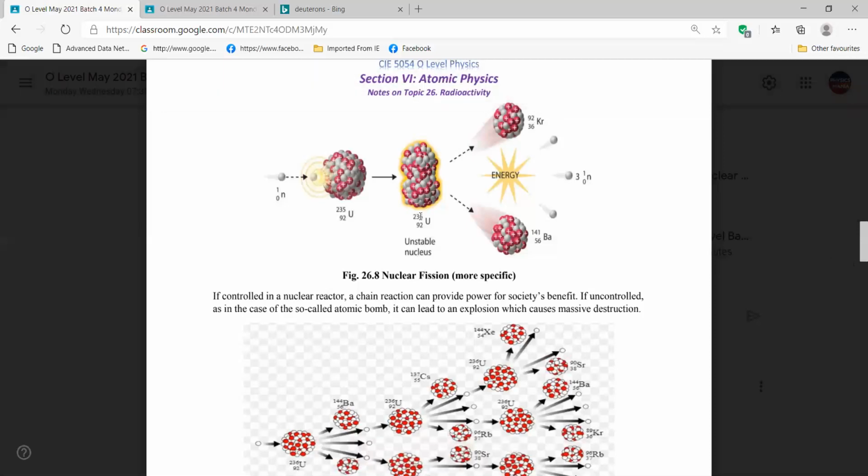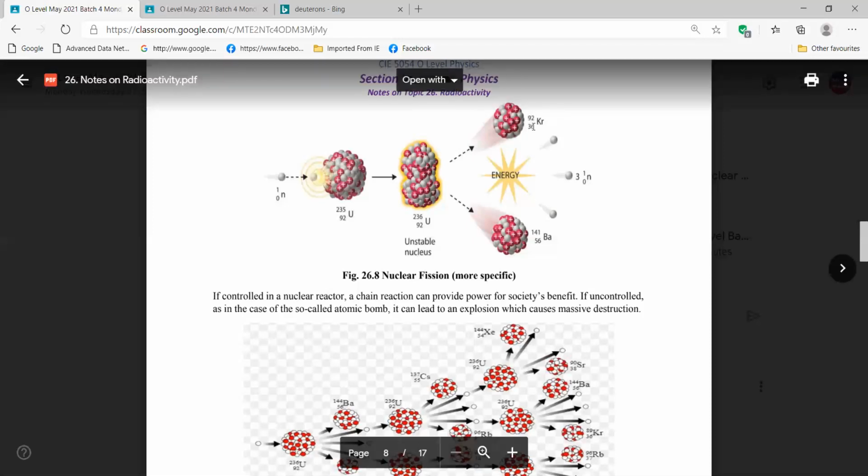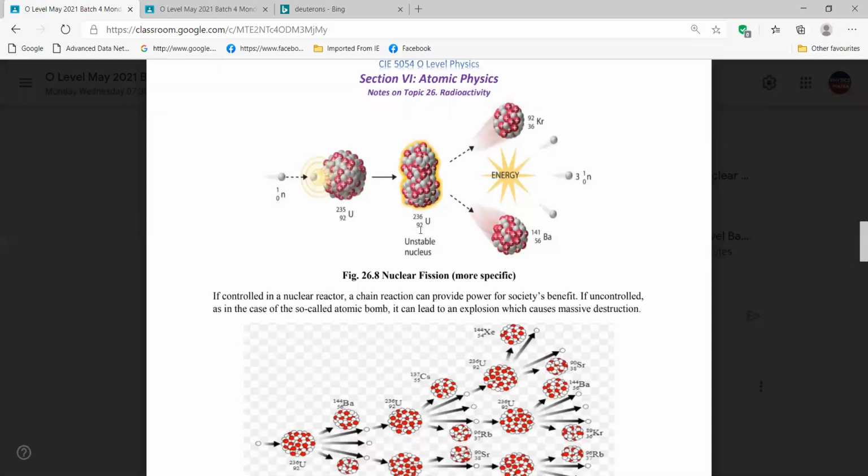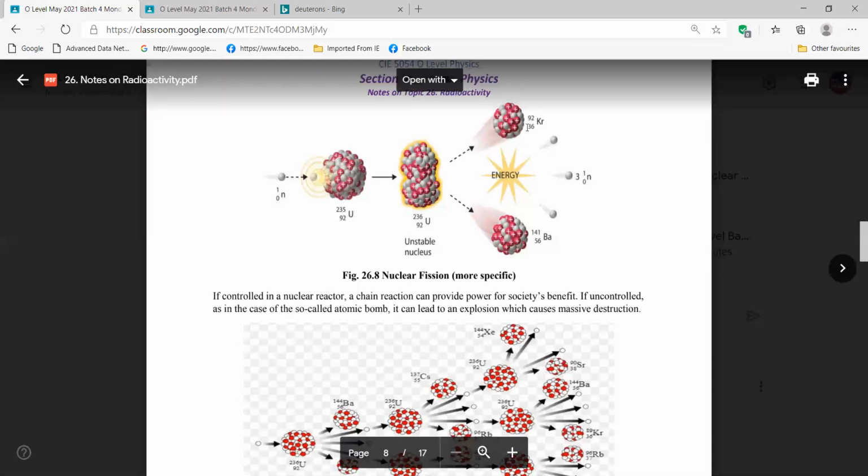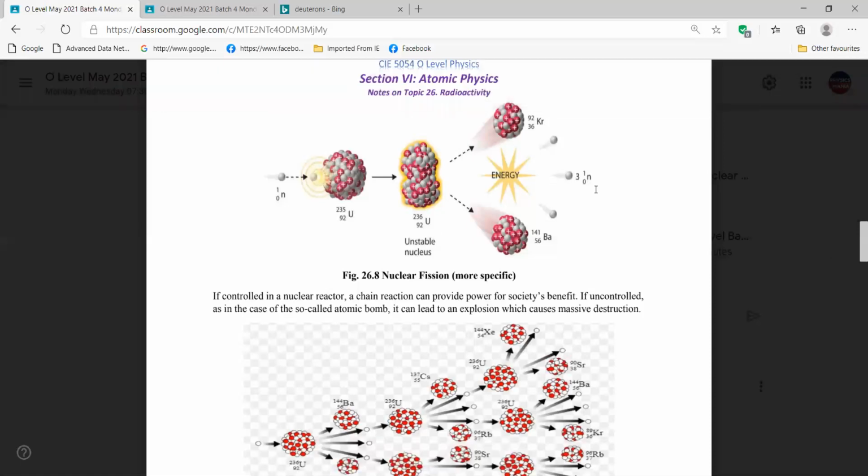So we have here a gap of 3 nucleons, right? And the atomic number, or proton number, you see, 36, 56. It's matching with 92. So we have this gap in mass number of 3. That is actually the gap of neutrons, right?